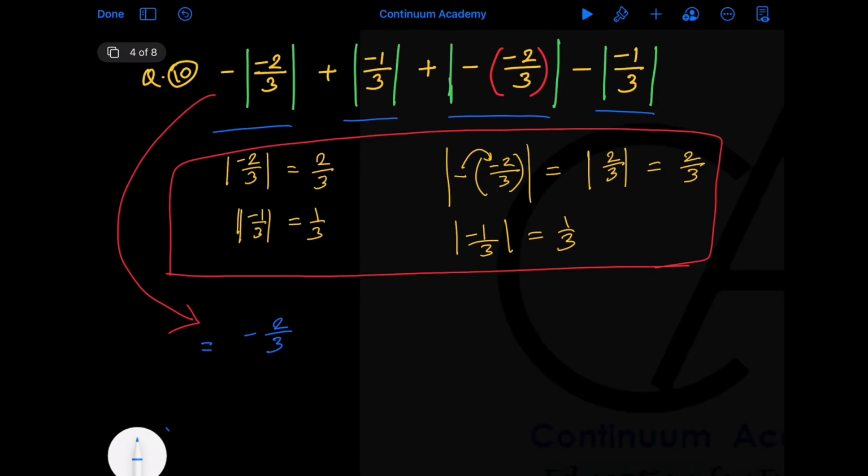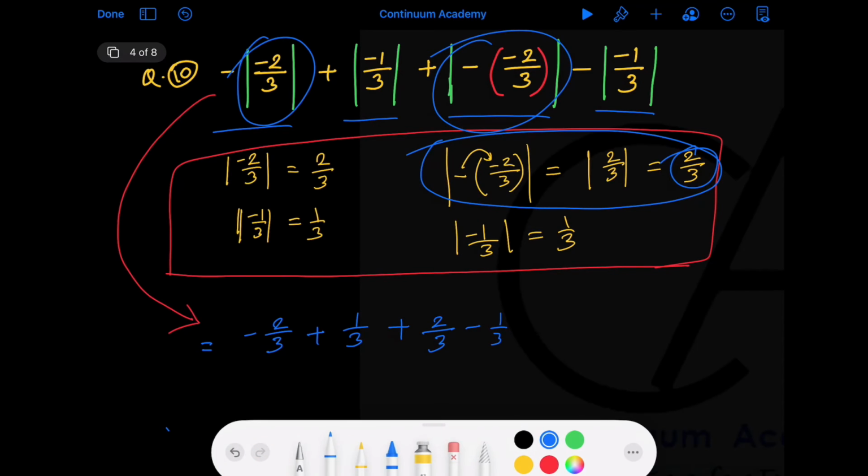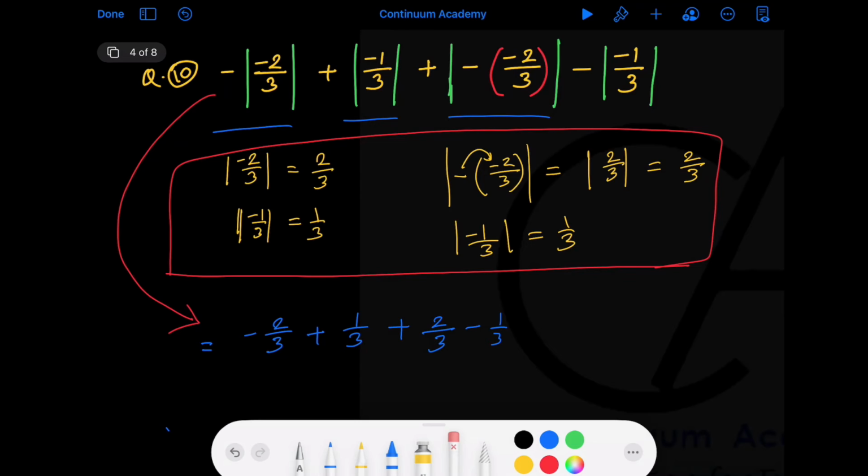Plus 1 by 3 plus the value of this, which is 2 by 3. Next, after the mod we have minus, mod of minus 1 by 3 is 1 by 3.